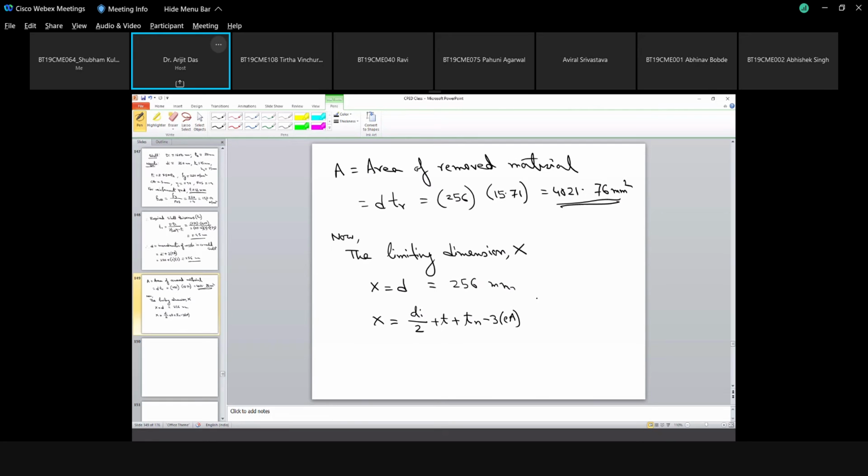Put the value, that is 125 plus 20 plus 15, minus 3 into 3, 9. So that is 151 millimeter.